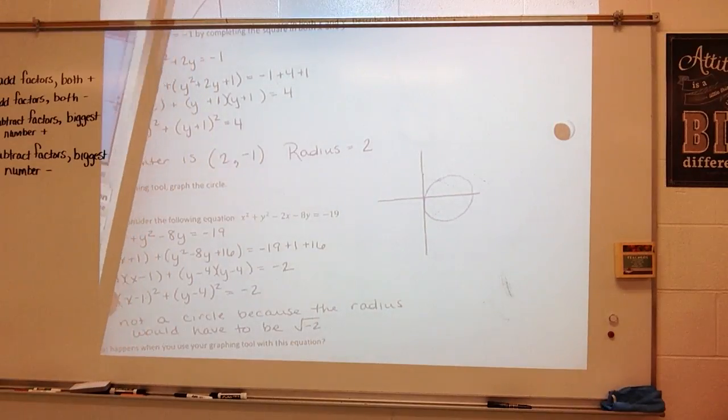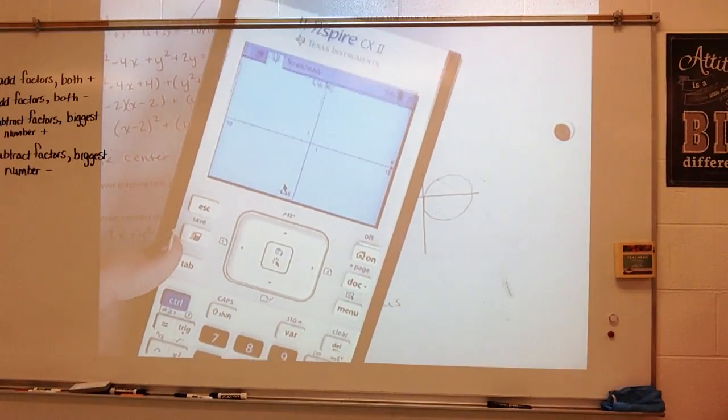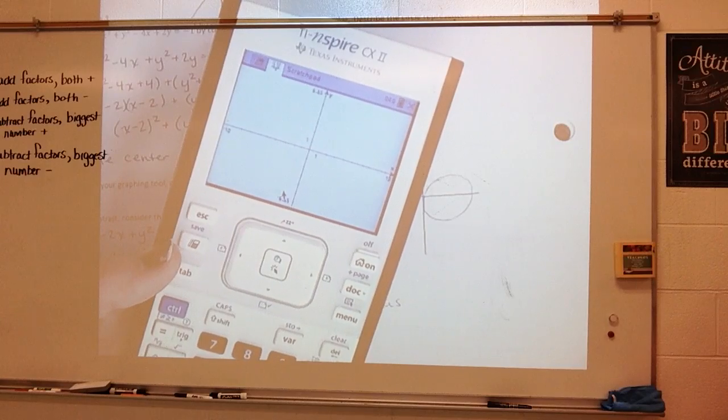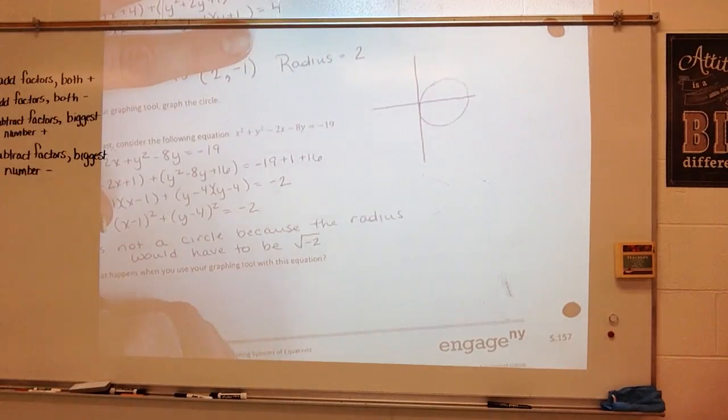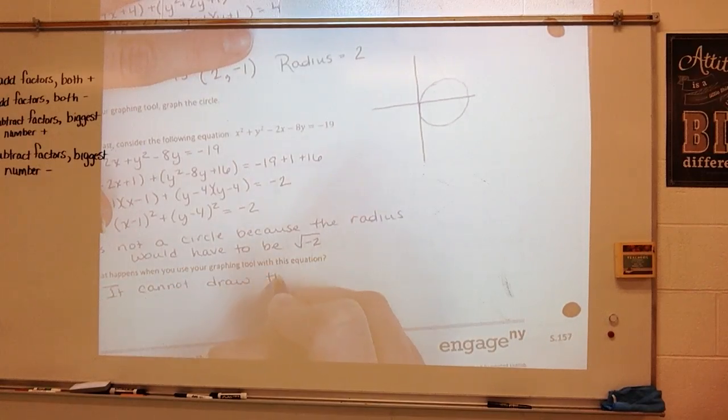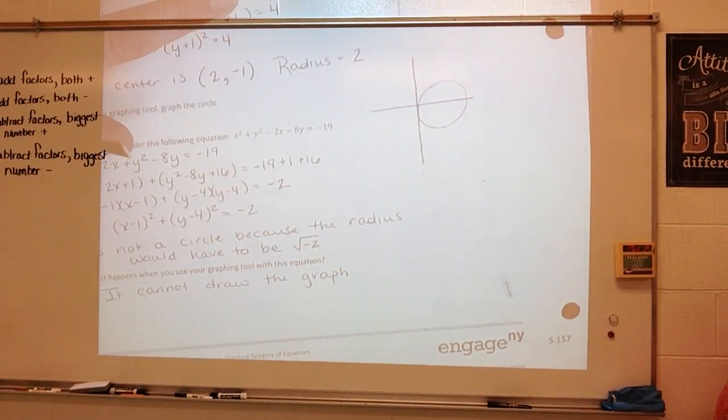It didn't do anything. The tool cannot draw this graph. Alright, there's no point that satisfies this equation. So it can't draw it. There is no center point here that I can do.